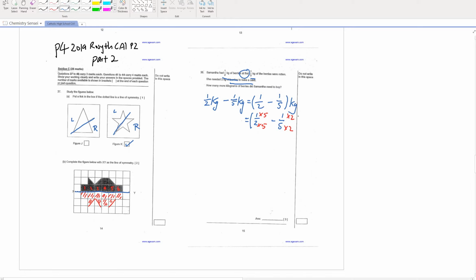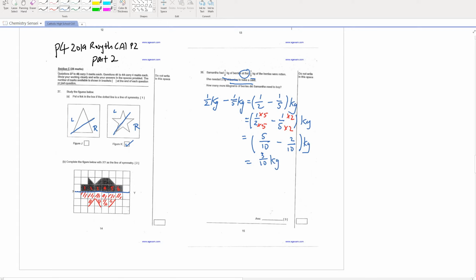While you are doing your calculation, do not forget the units. So we have 1 times 5, which is 5, 2 times 5, 10, minus 1 times 2, 2, 5 times 2, 10 kilograms. Over here 5 minus 2 is 3, so we have 3 over 10 kilograms.